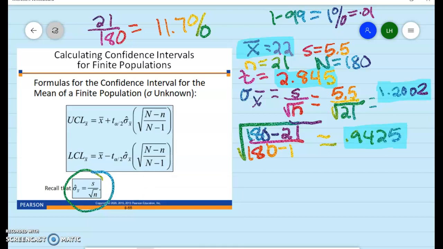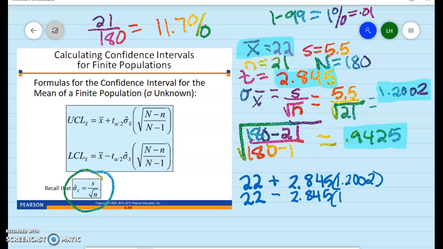So I'm going to do the sample mean, which is 22, plus and minus t, which is 2.845, and then times the standard error, which is 1.2002, times 0.9425.